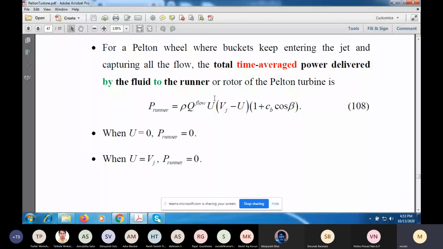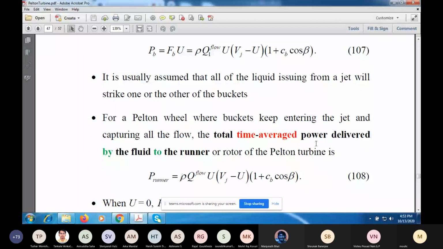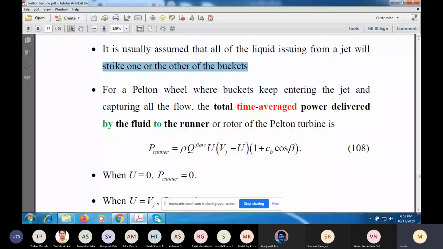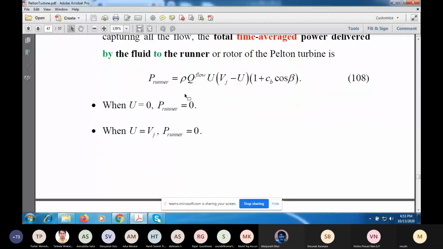This makes the assumption that the liquid coming out of the jet will strike more than one blade, and the entire flow coming out of the jet is captured by the buckets. After a kind of averaging over the cycle, this is an expression which is nearer to reality. These are all models. We have made so many assumptions: one-dimensional flow, inviscid flow, and so on.